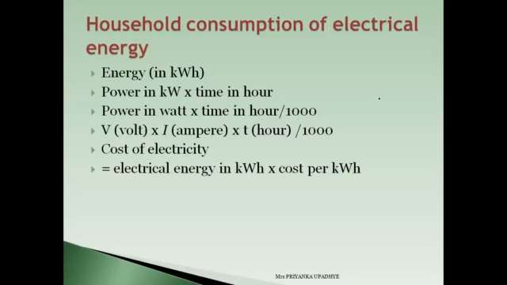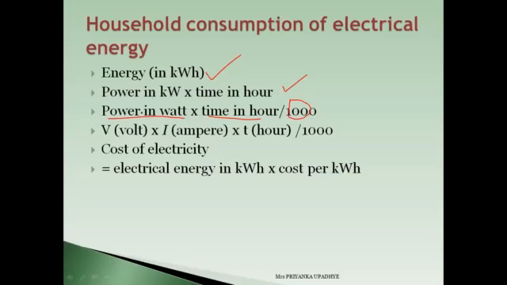Based on how many kilowatt hours of energy we have used, we pay the electric board. Energy in kilowatt hour is power into time, with power in kilowatt and time in hour.